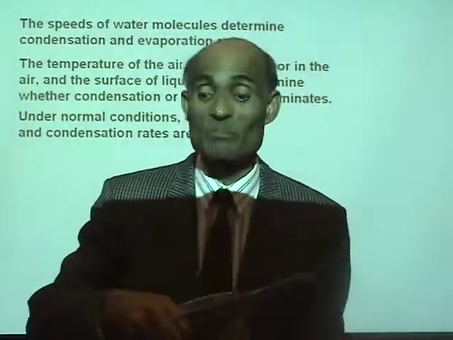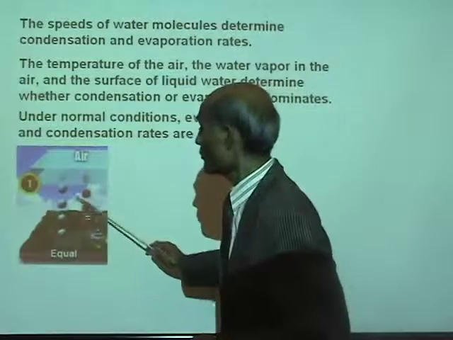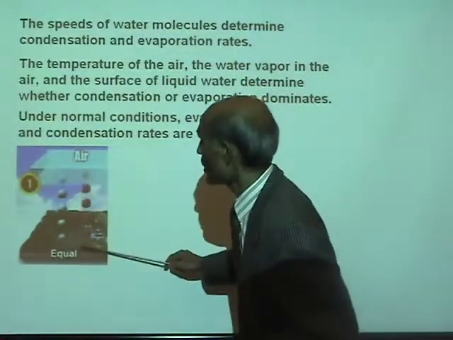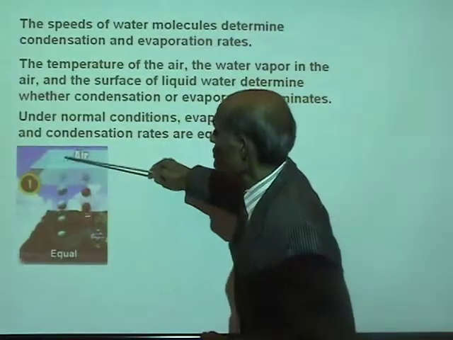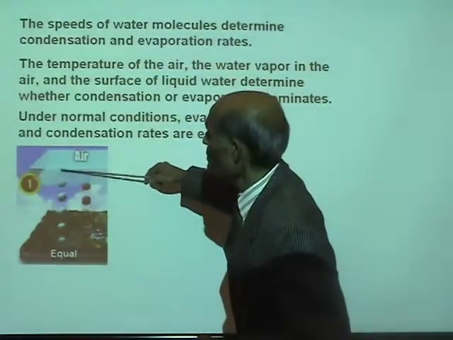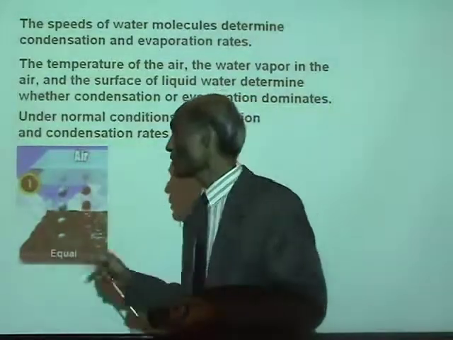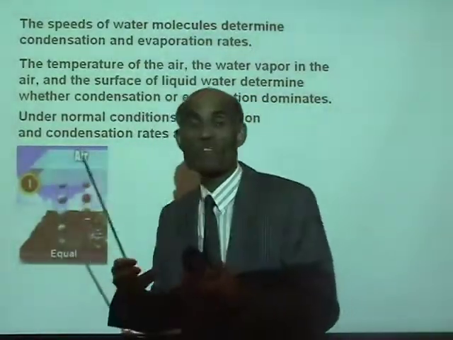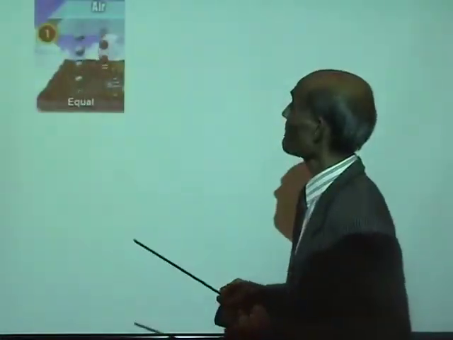There will be equilibrium. Now, this is the normal state. The number of molecules leaving the liquid to become vapor is the same as the number of molecules of vapor returning to the liquid. So this is the situation of equilibrium between liquid and vapor.